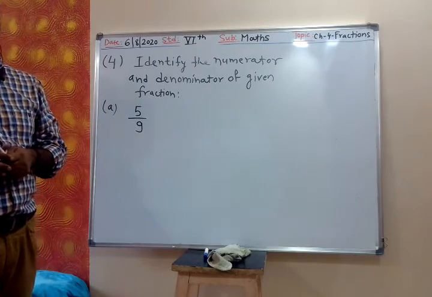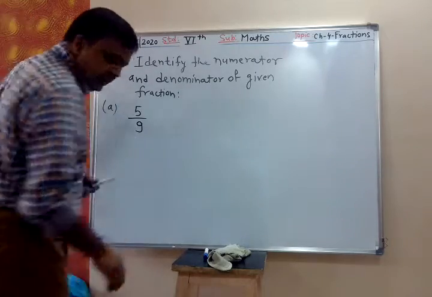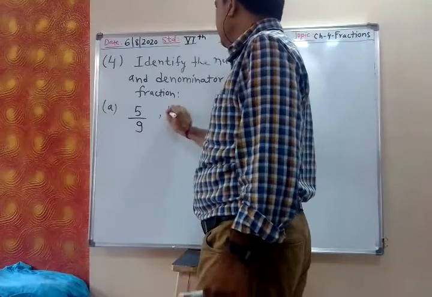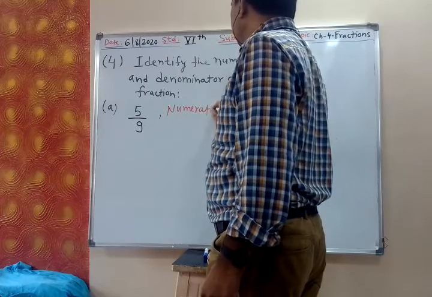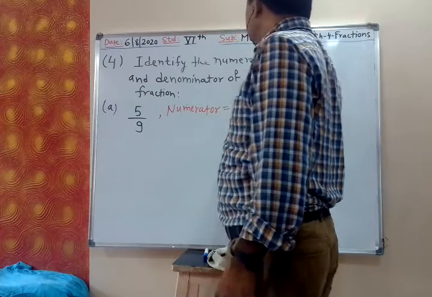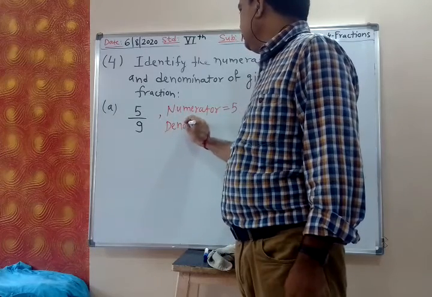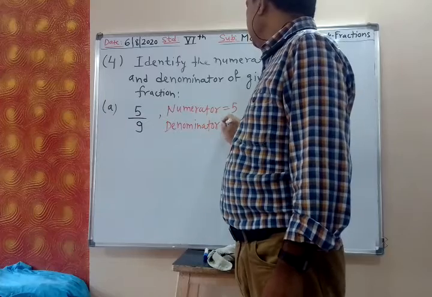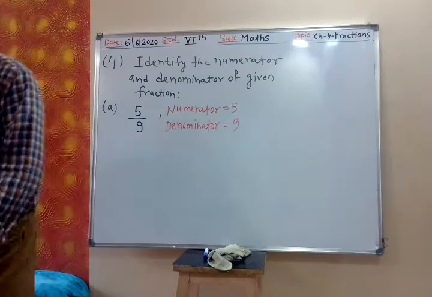First it is 5 upon 9. So 5 upon 9 we write. This upper part is the numerator. So we write numerator is 5. And we write denominator is equal to 9, the lower part. So that's all. 5 upon 9, numerator is 5, denominator is 9.